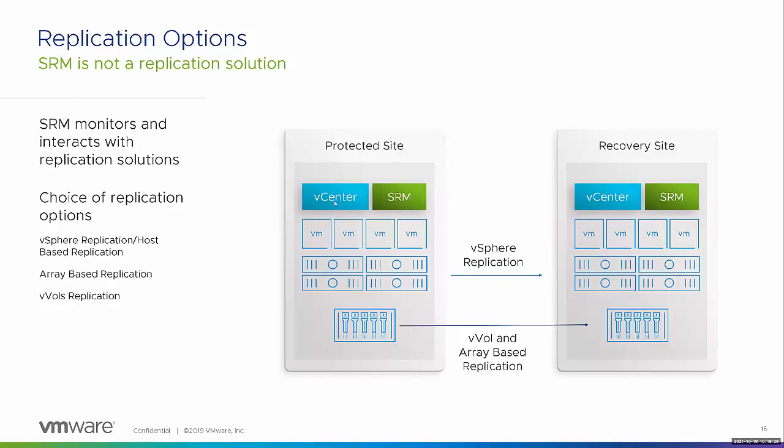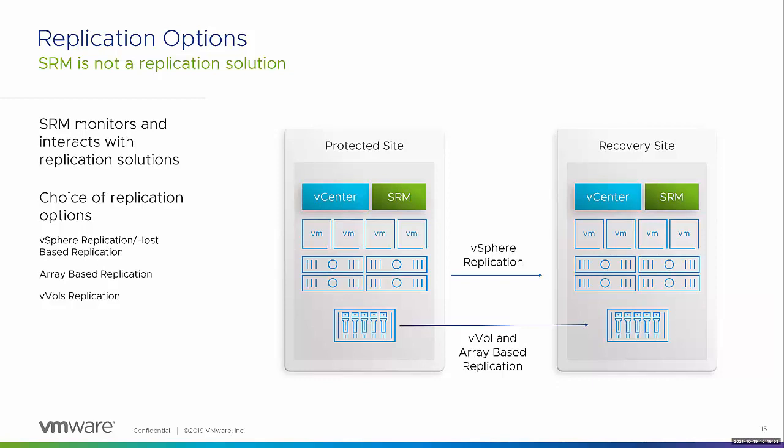It will get those VMs at the recovery site placed into the location that they need to be in order to be recovered. So get them loaded into the correct folder on the right cluster associated with the right resource pool, the right storage policy, connected to the right networks. SRM will take care of all of those things.